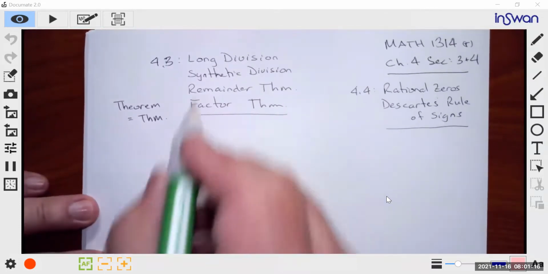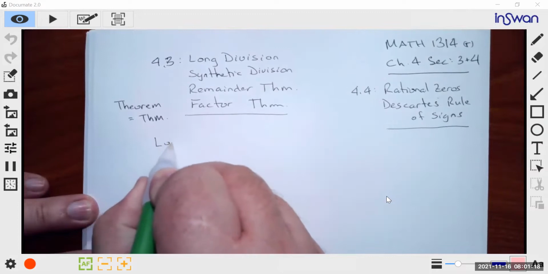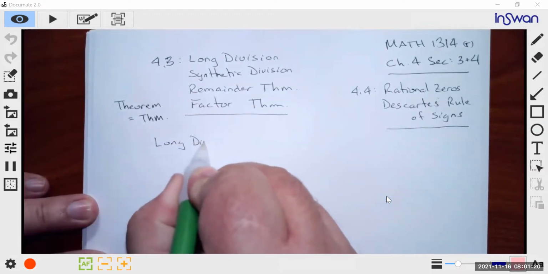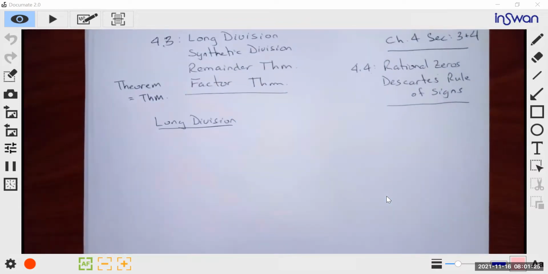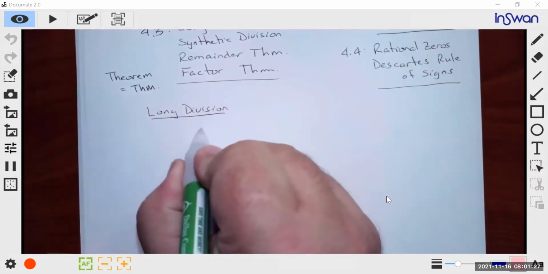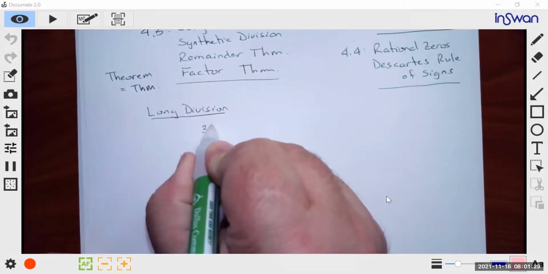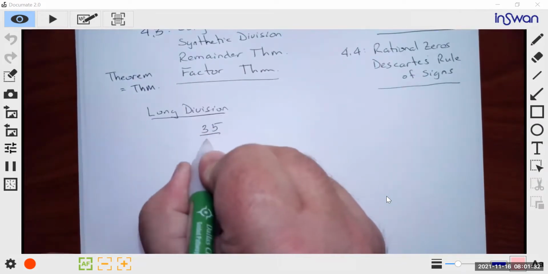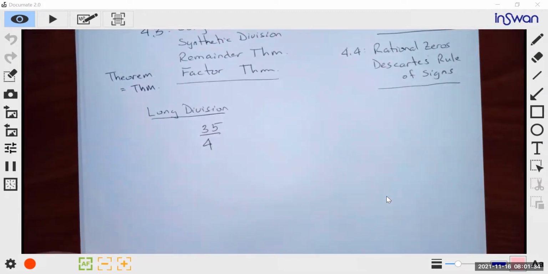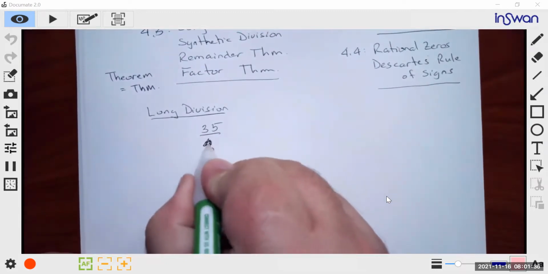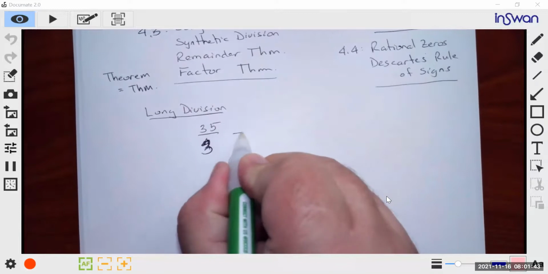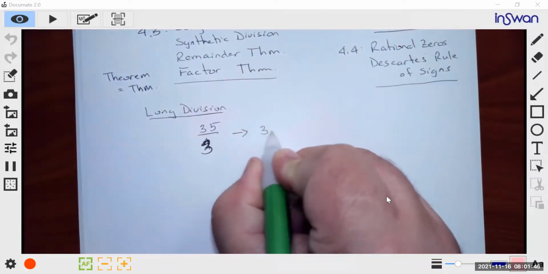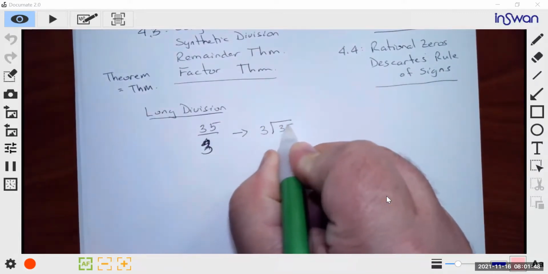So to begin, long division. From elementary school, let's say 3. Just keep it easy. If we have a division problem like this, we can rewrite it as that.